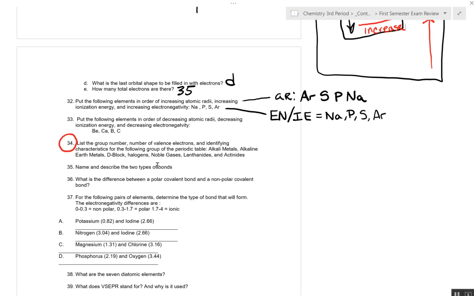40, guys, 47. What did I just say about double replacement reactions? They always happen. What do you use the activity series for? Single. Will barium replace hydrogen? Look on the activity series. Will barium replace?